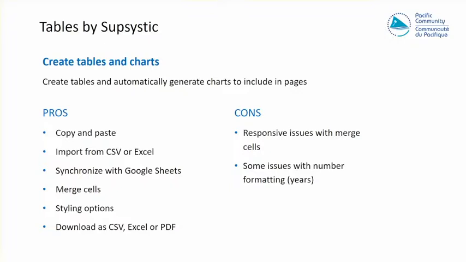You can synchronize with Google Sheets. Of course, you can merge cells. You have tons of styling options. And when you add a table in a page, you can also offer your users to download it in CSV, Excel, or even PDF format.